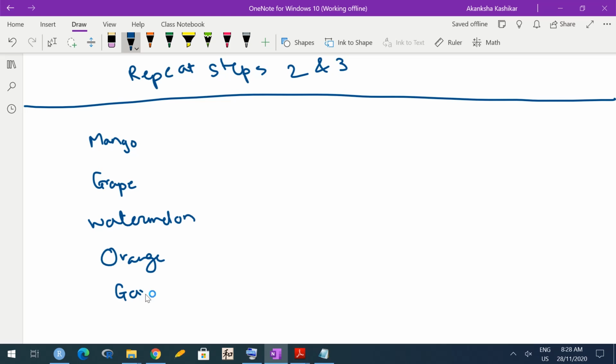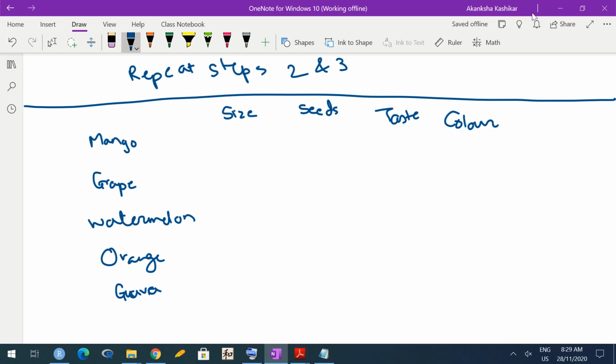And maybe guava. Okay, and the factors that we are considering are, say, size, how many seeds they have, and let us say taste. And maybe color.